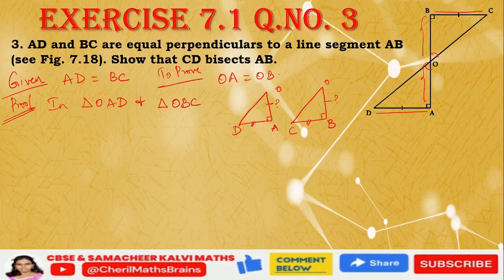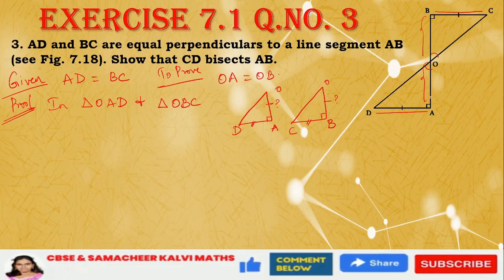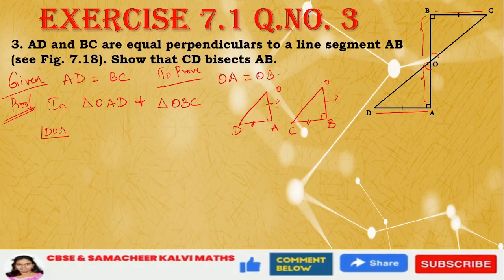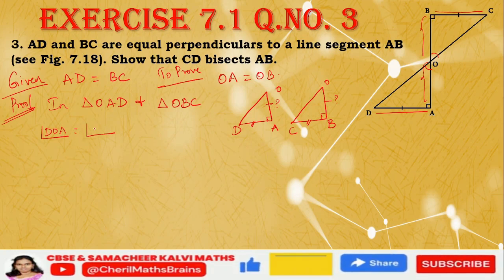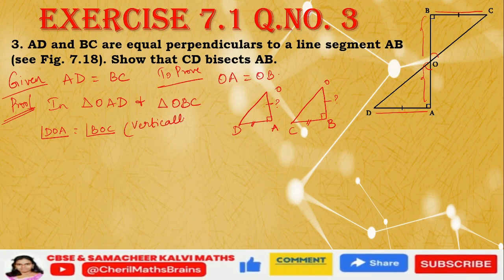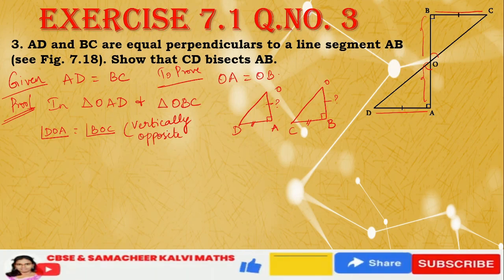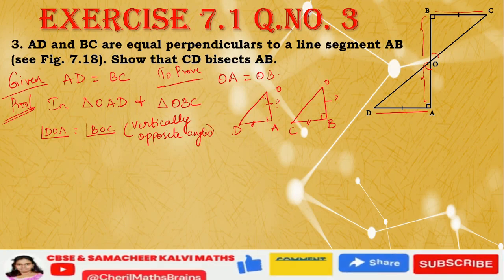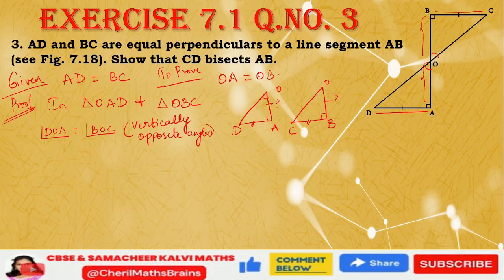We know that angle DOA is equal to angle BOC, that is, they are vertically opposite angles. So we have angle DOA and angle BOC.